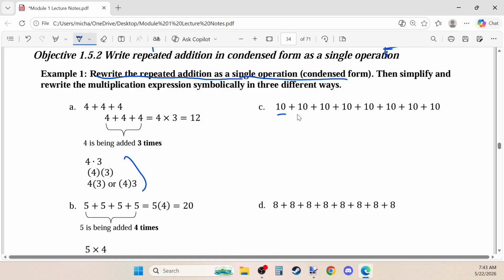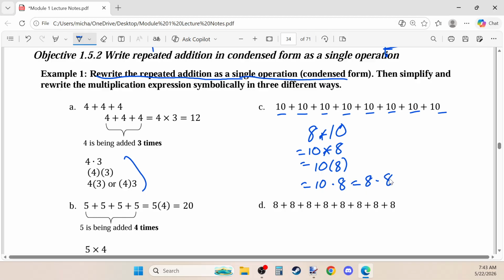So this is 1, 2, 3, 4, 5, 6, 7, 8. 8 times 10, or this is the same as 10 times 8, whichever way you want to do it.